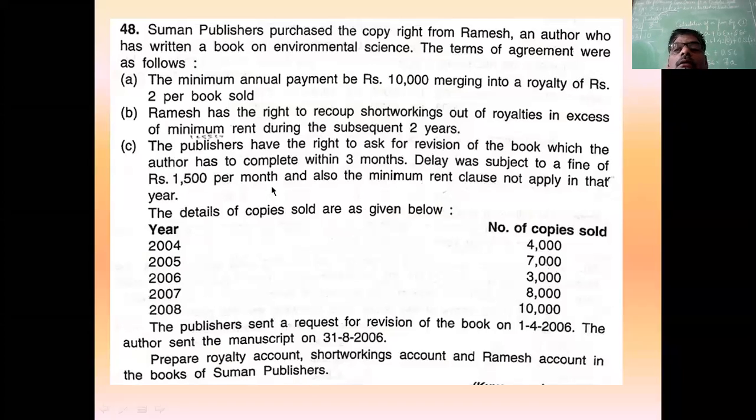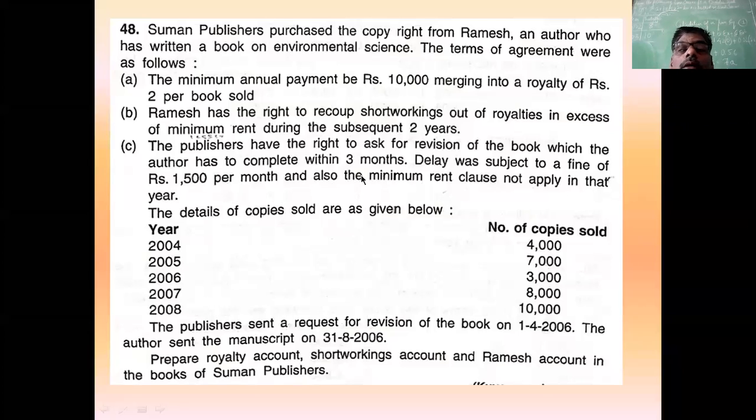Suppose the author delays returning the manuscript after revision, then there is a fine of rupees 1,500 per month, and also the minimum rent clause does not apply in that year.